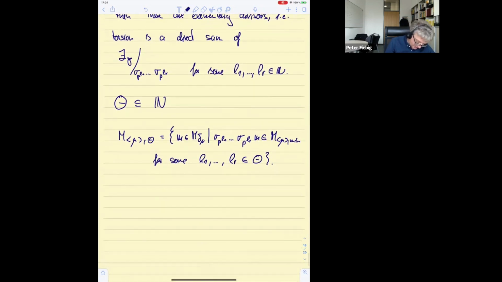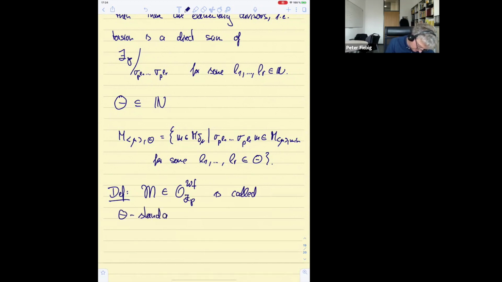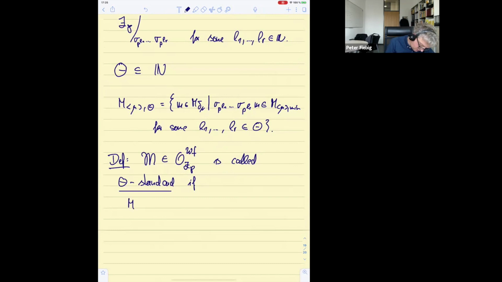Okay, and now there's a definition. A curly M in O, a Weyl filtration over the quantum group, is called theta standard if M mu takes care of these theta torsions, but not more.